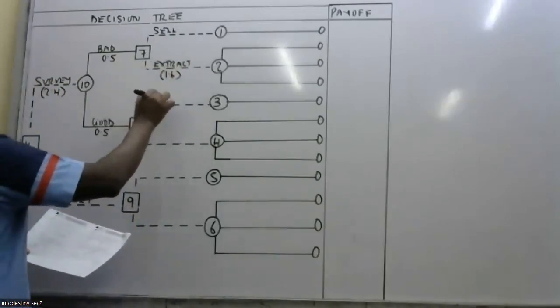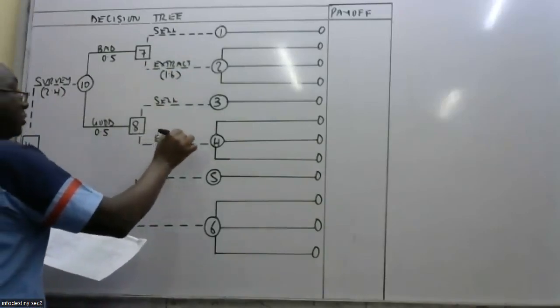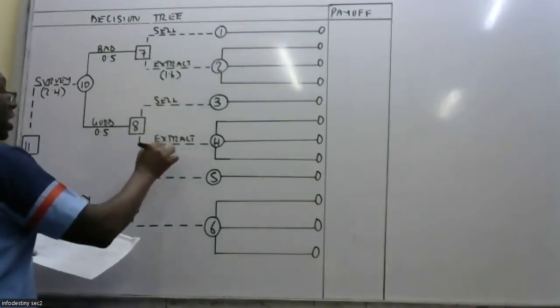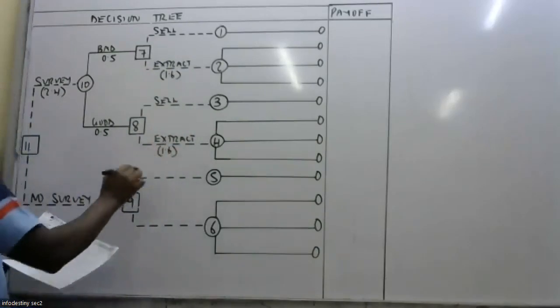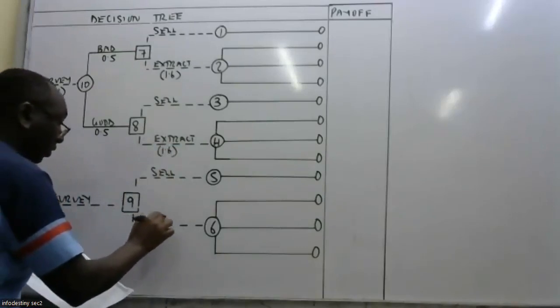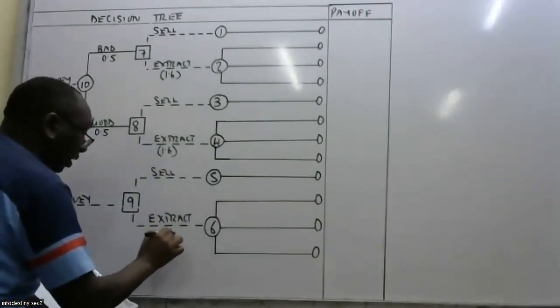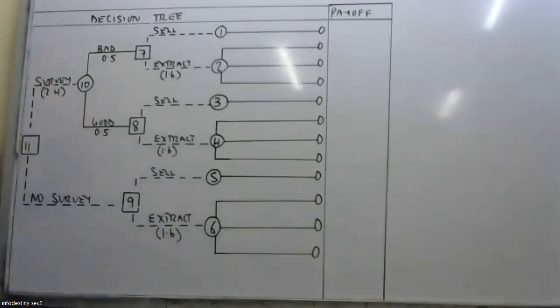So here we can decide to sell or extract 1.6.